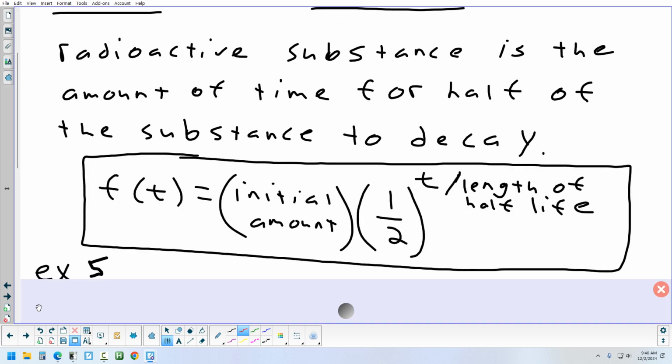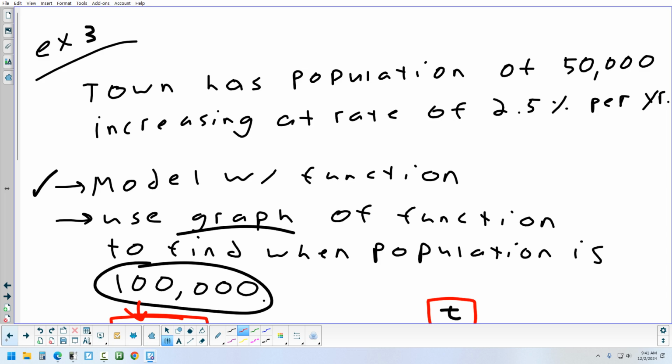And that's the formula for half-life. Very similar to doubling. The only difference is instead of 2 in parentheses, it's 1/2. Other than doubling or halving, if it's something besides one of those two, I will always give you the percentage. Like the population of the town growing at 2.5%.